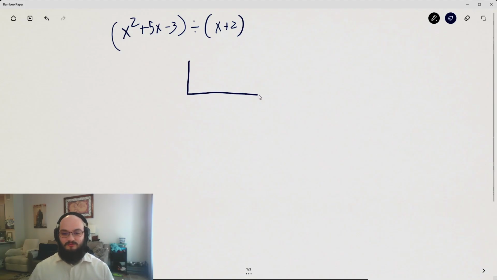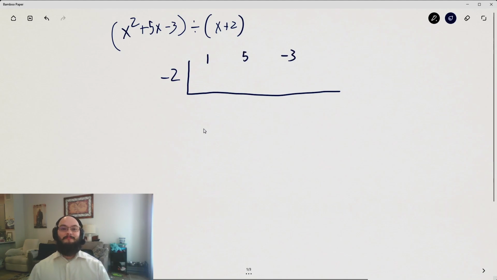You're going to set up a box that looks like this, and on the outside right here, you're going to write the root of your divisor, which is -2. Remember, the root is whatever would make this equal to 0. And then inside, we're just writing the coefficients for this polynomial. We have 1, 5, -3.